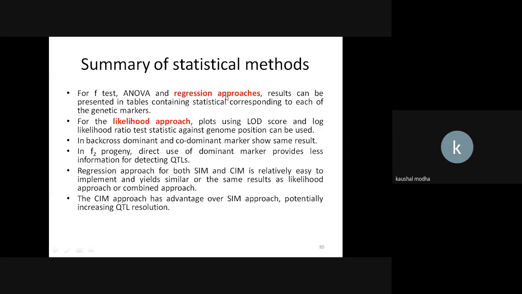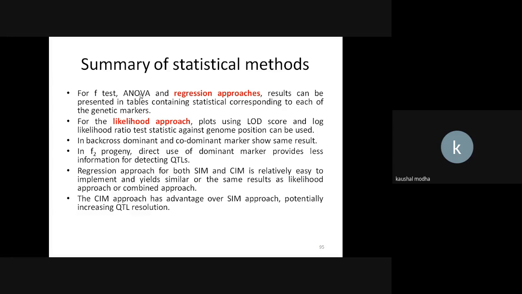Utilizing regression approaches also, the marker effects are estimated, and results are generally presented in tabular form, as we normally present the results of any ANOVA. The likelihood approach utilizes the logarithm of odds, the ratio of real linkage to chance linkage, to test the statistical significance of a particular position. That's how LOD score is utilized.